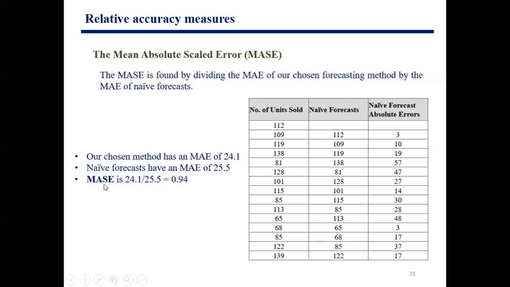So the MASE is 0.94, which means that our forecasts are slightly better than the naive forecast. You see, our mean absolute error is better, but it's not that far from the naive forecasts.